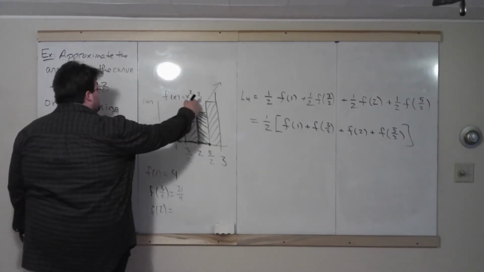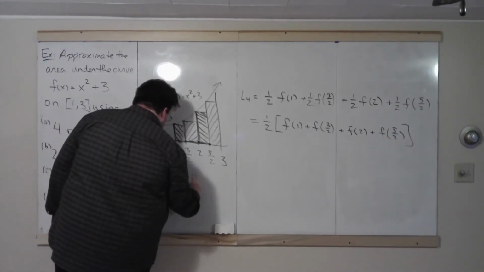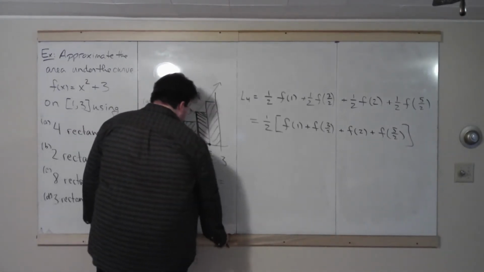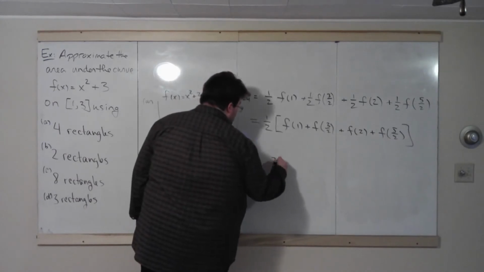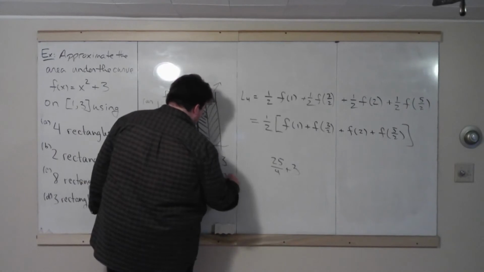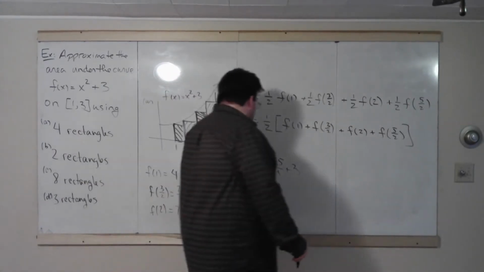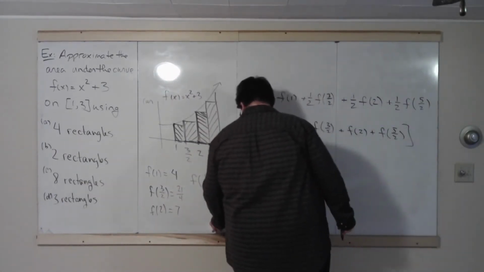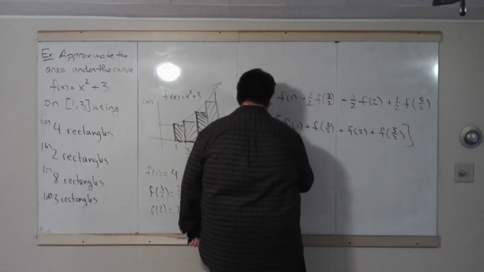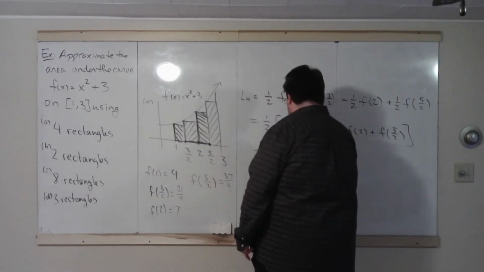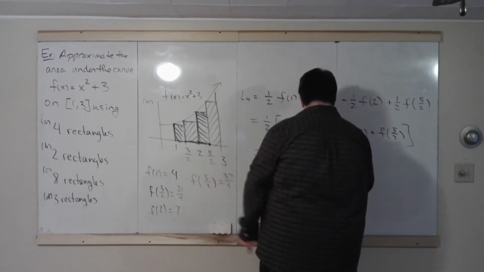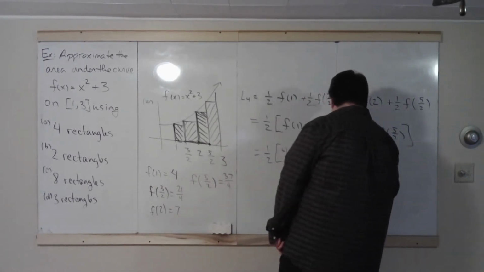F at 2, 2 squared plus 3, 7. We need f at 5/2. F at 5/2 equals what? 5/2 squared, so 25/4 plus 12/4, so 37/4. F at 1 is 4. F at 3/2 is 21/4. F at 2 is 7. F at 5/2 is 37/4.